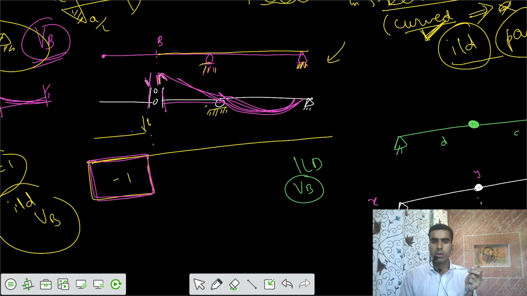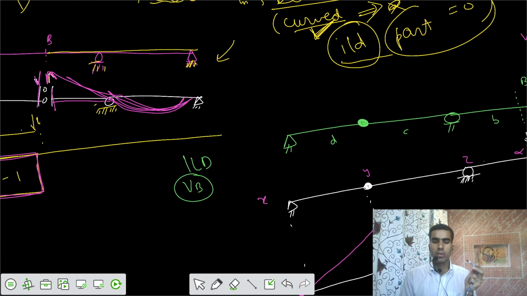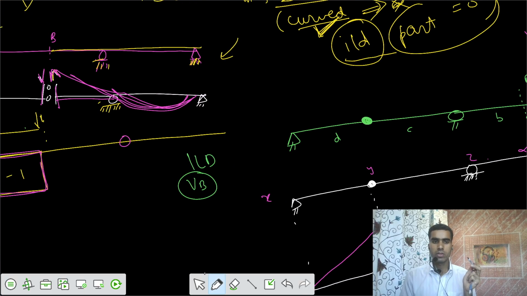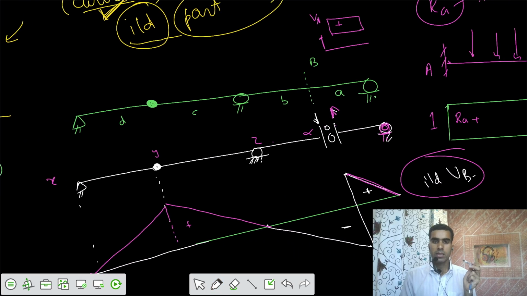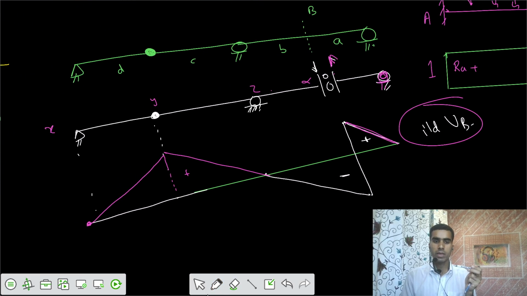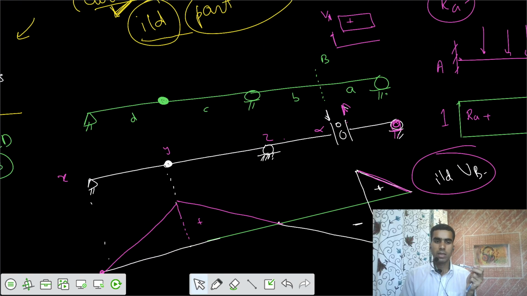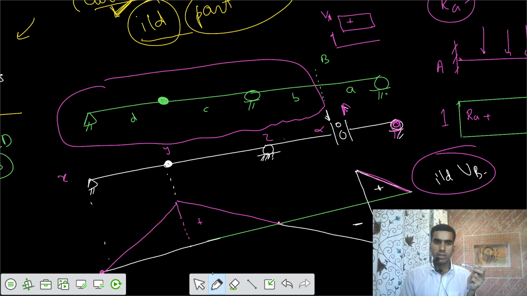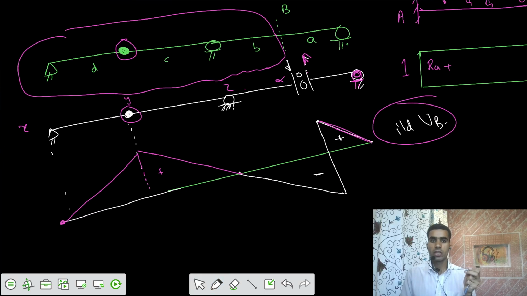So for that, I would say draw 0 ILD. Now for this case, this part is similar to that previous one, but the difference here is that because of the internal hinge, there is a change. So that we can check here.